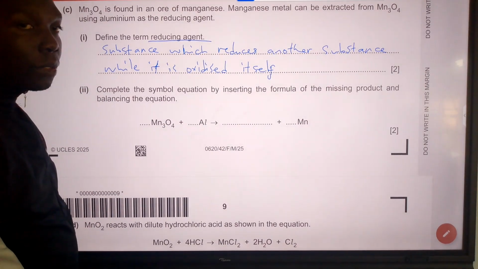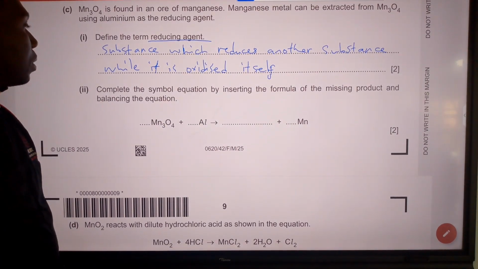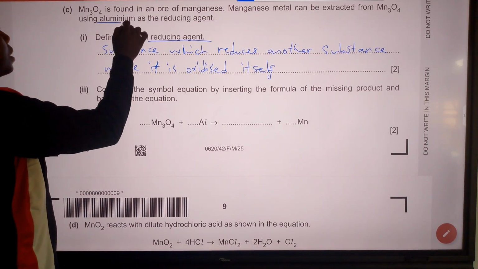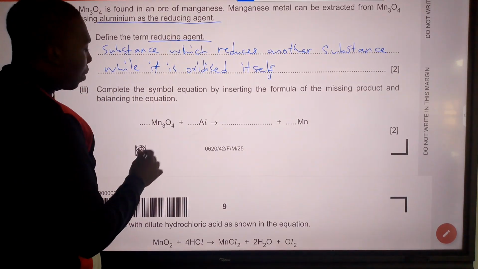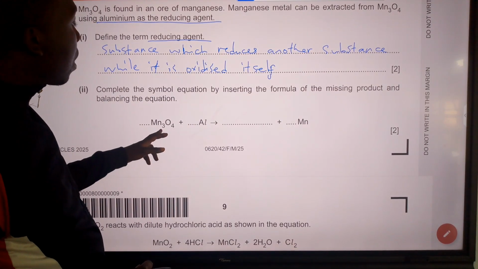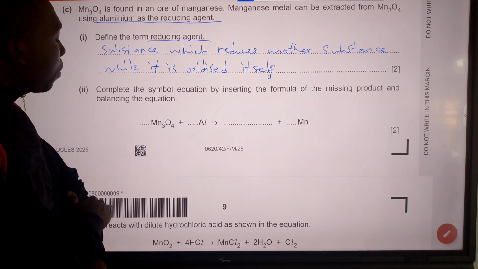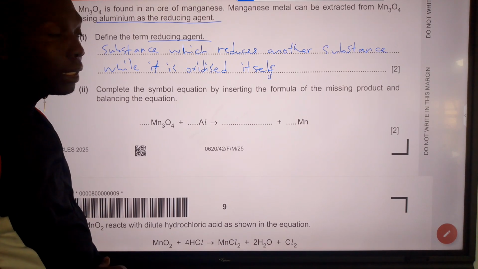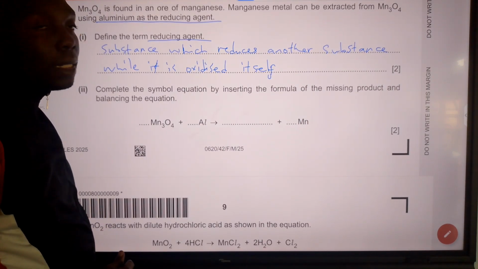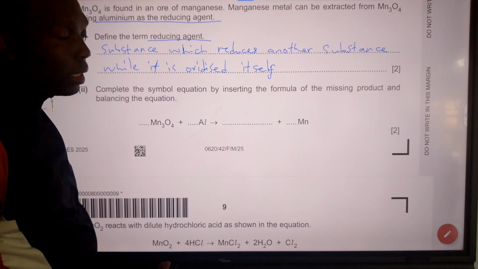Since we are told that aluminium is the reducing agent, it means it is going to cause the reduction of Mn3O4. One of the definitions of reduction is the loss of oxygen.